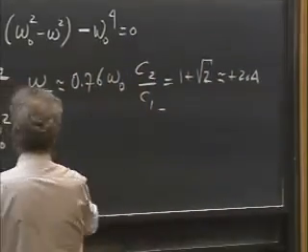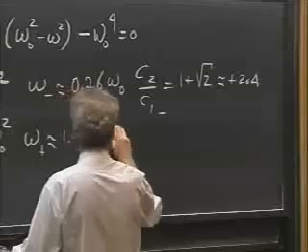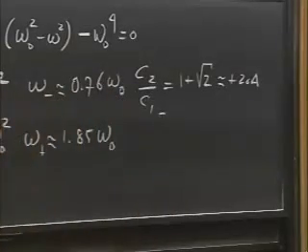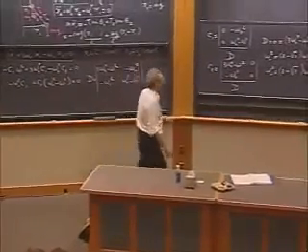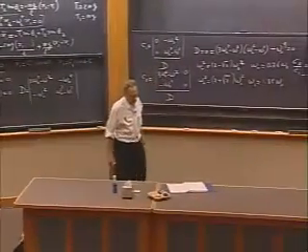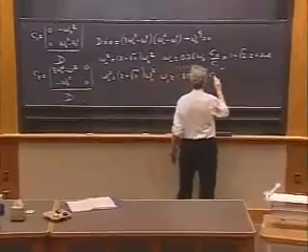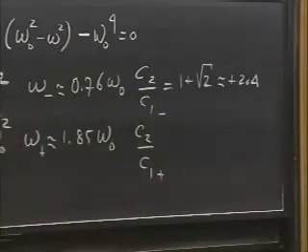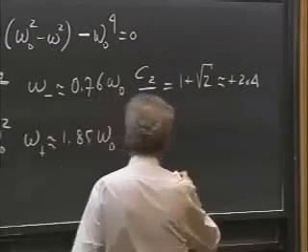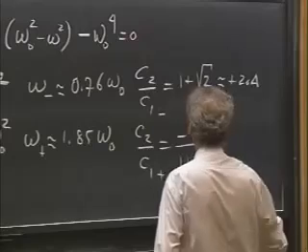And the omega plus solution gives you a frequency which is about 0.85 omega 0. That solution you can put back into this one, or into this if you want to, and you will find now that C2 over C1 for that plus mode, I call this the plus mode, that's my shorthand notation, is going to be minus 1 divided by 1 plus the square root of 2.